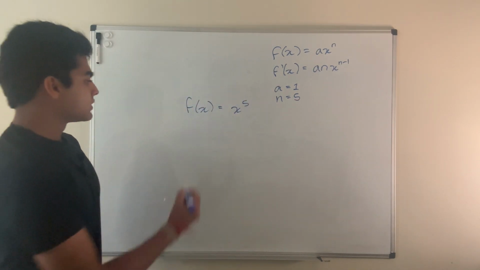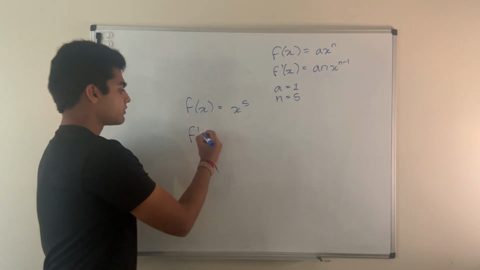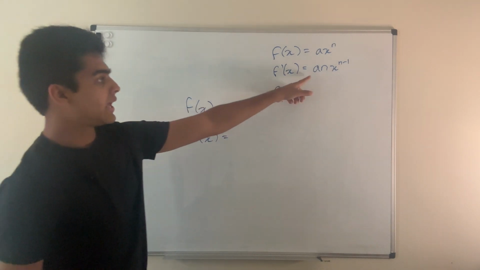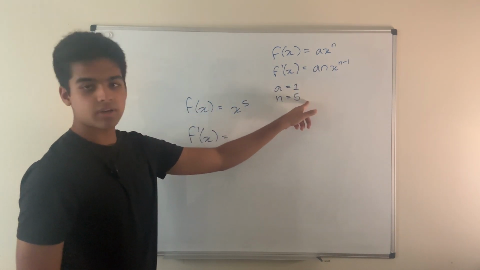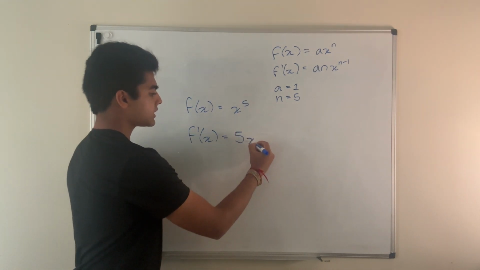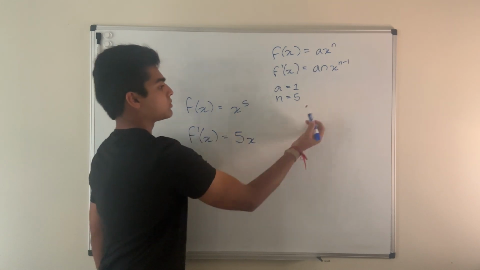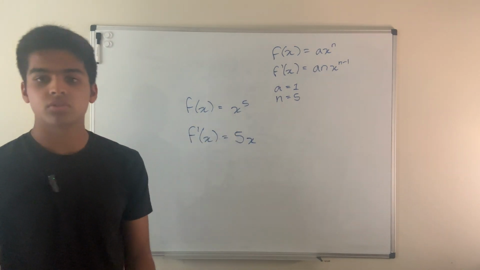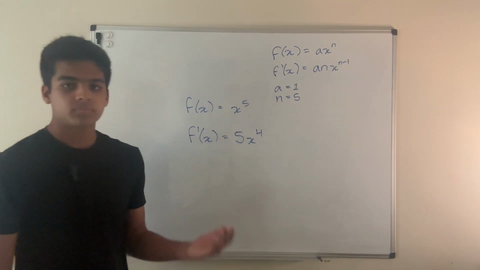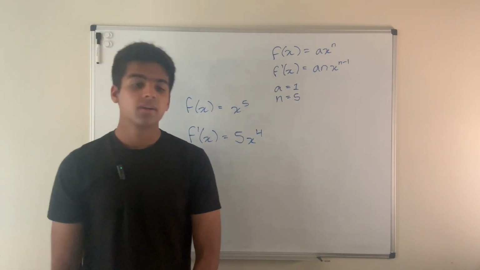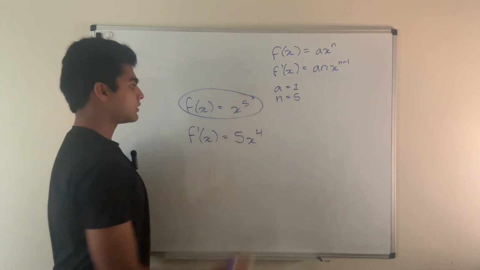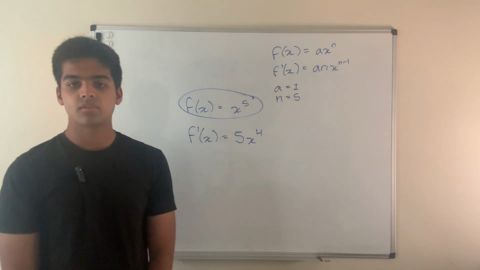So this means that the derivative of f of x would be a times n, so 1 times 5, which is just 5, times x to the n minus 1. Now what's n minus 1? N minus 1 is just 4, because n is 5. That's it. That's literally it. So the derivative of x to the fifth is 5x to the fourth.